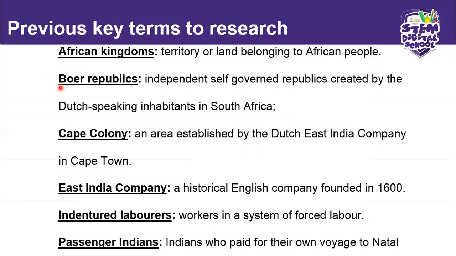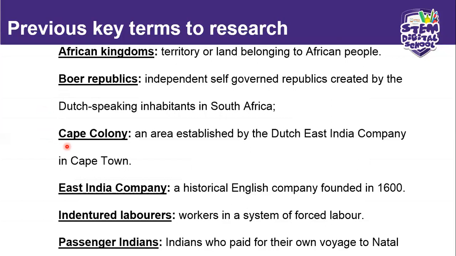Number 2, Boer republics. These were independent, self-governed republics created by the Dutch-speaking inhabitants in South Africa. So the Dutch people who were living in South Africa, they formed these republics, which were known as Boer republics. Number 3, we have Cape Colony.